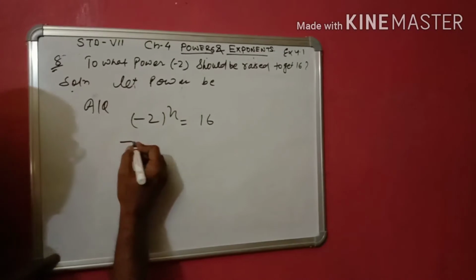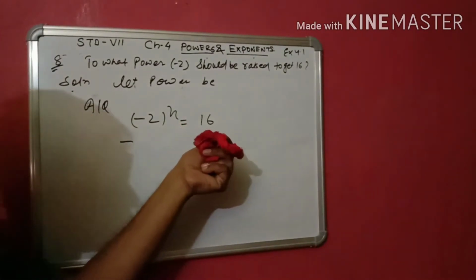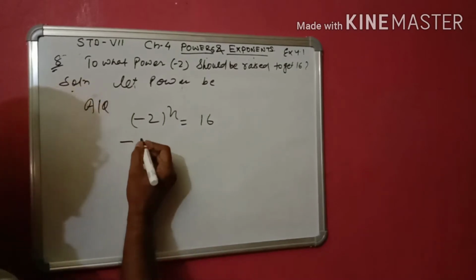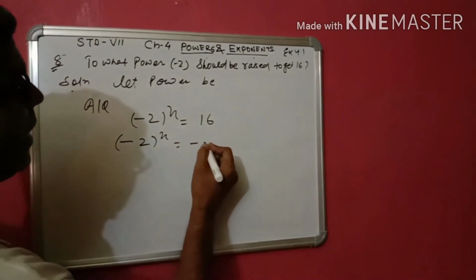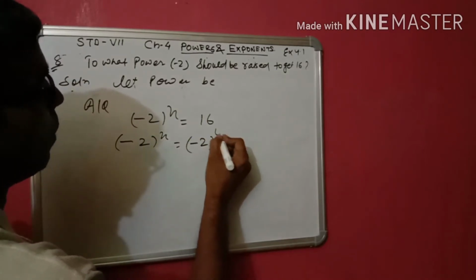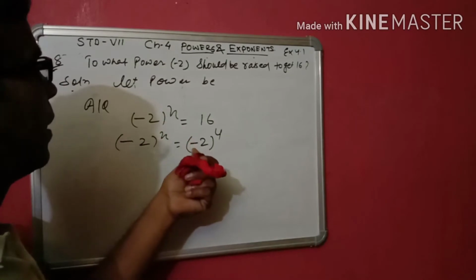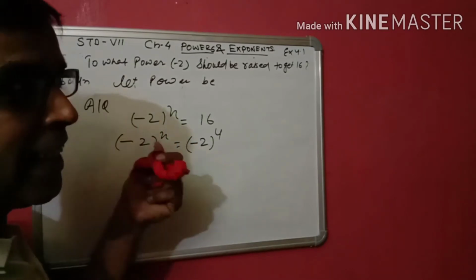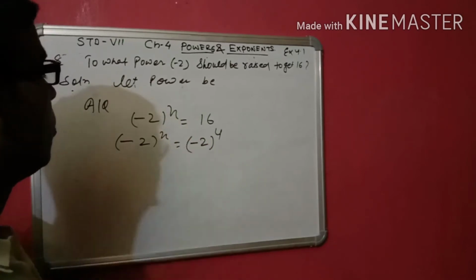What can I write for 16? The base we have to make minus 2. So what number do I have to write instead of 16? I can write minus 2 to the power 4, because I told you if a is a rational number and the power is positive, then it is also positive.